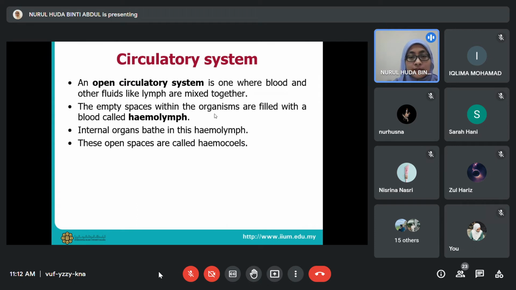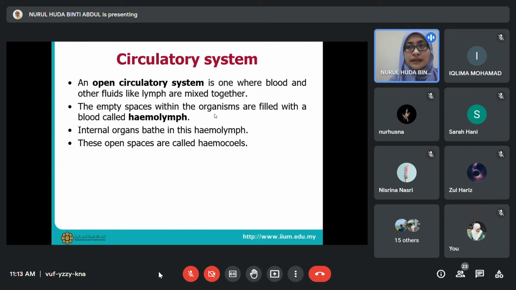Like we have blood vessels, they have some parts like vessels, but most of the other parts of the insect body are actually empty space. It means it's mixed together, an open space. Empty space doesn't mean vacant; they have their own organs in the body as well.